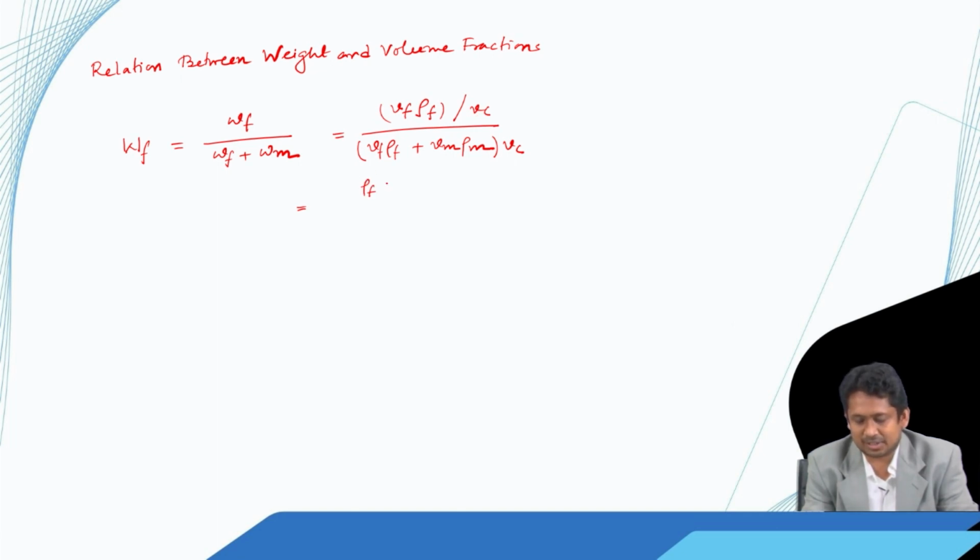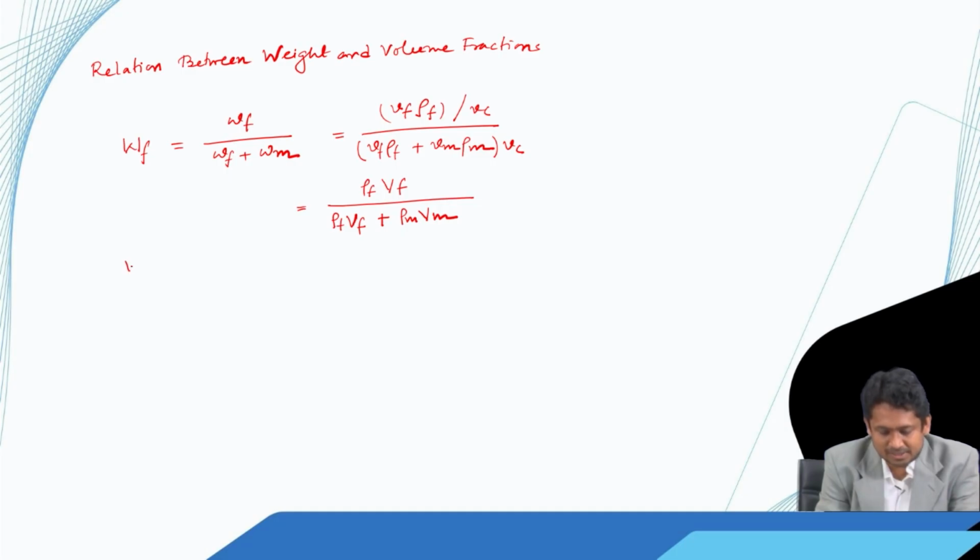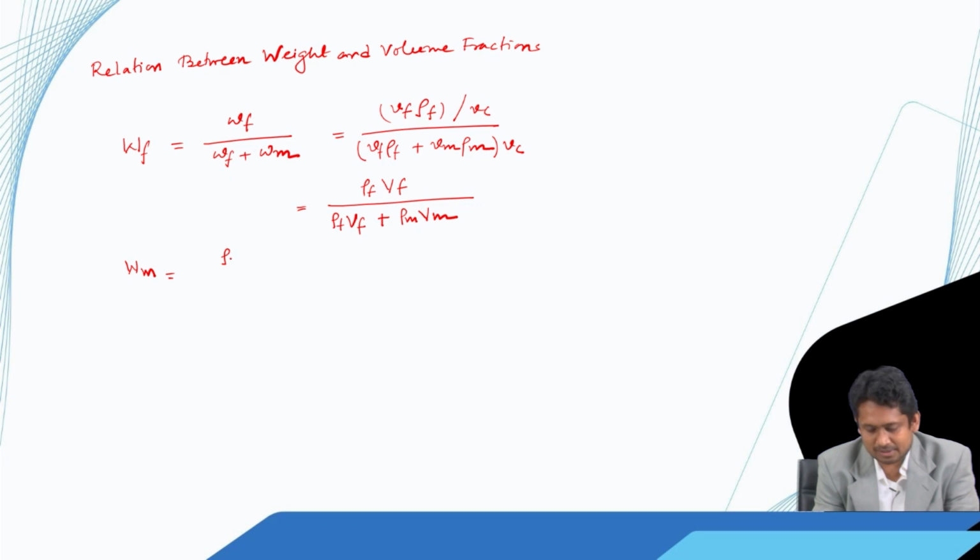So, we can write this as density of fiber multiplied by fiber volume fraction. Similarly, in the denominator we have density of fiber multiplied by fiber volume fraction plus density of matrix multiplied by matrix volume fraction. In the same way, we can relate the weight fraction of matrix as this. Just in the numerator we have to change rho f V f to rho m V m.